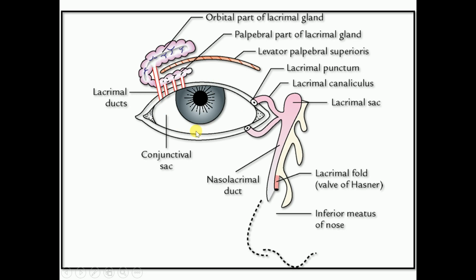This conjunctival sac contains a film of fluid with 3 layers: the watery fluid from the lacrimal glands, a viscid, white, mucus-like secretion from the conjunctival glands, and an oily secretion from the tarsal glands. This film of fluid is contained within the conjunctival sac.